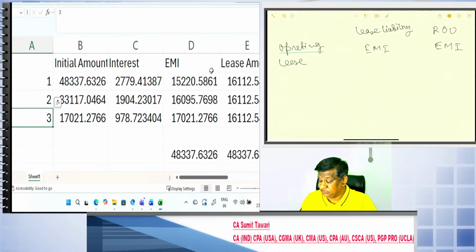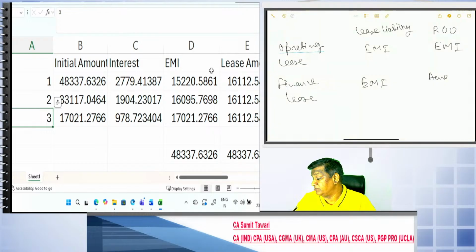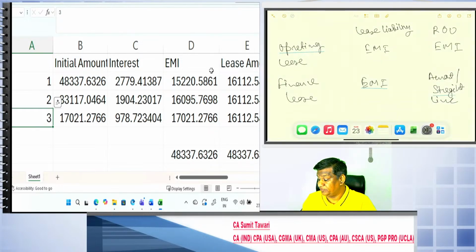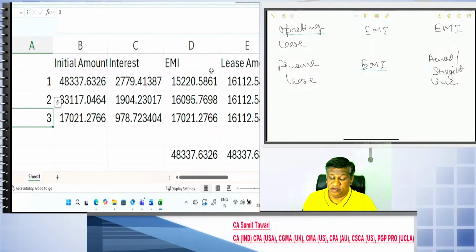But in a finance lease, it is EMI, but here amortization is on the straight line method. Okay, so that difference you need to keep in mind. We are talking about this from the lessee's point of view.